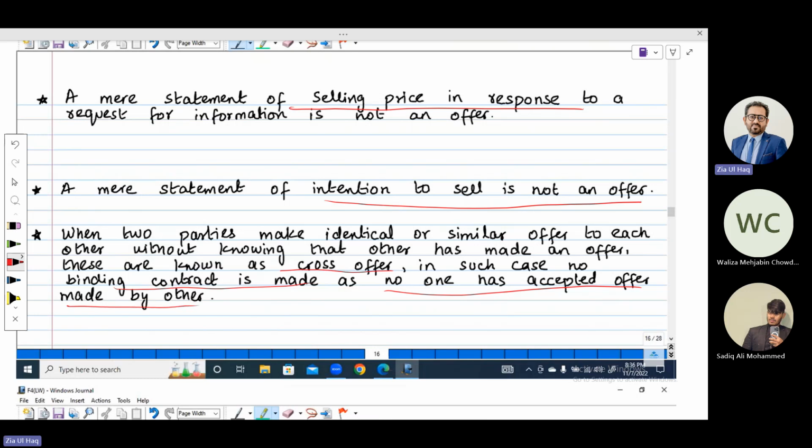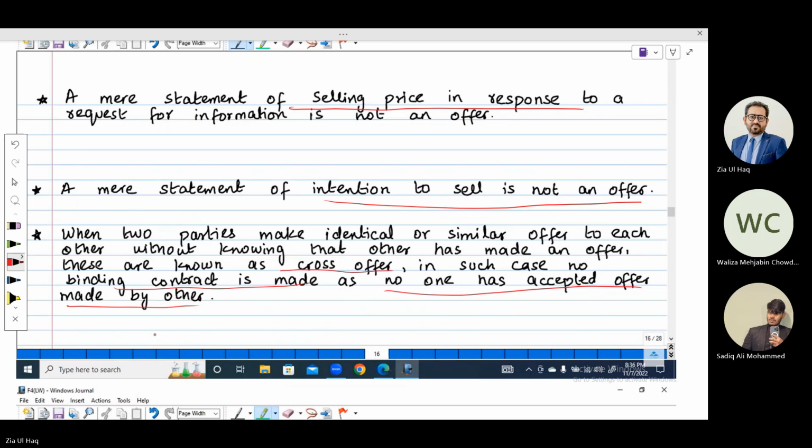If one person offers, I want to sell my mobile for 1000, and the other person says, I want to buy your mobile for 900, this is called a cross offer. This means the first offer of 1000 was cancelled through that cross offer.